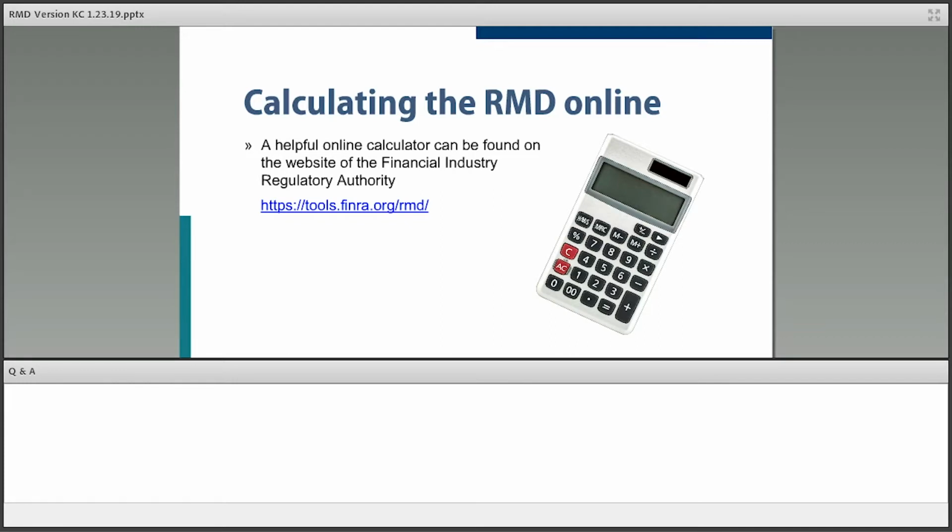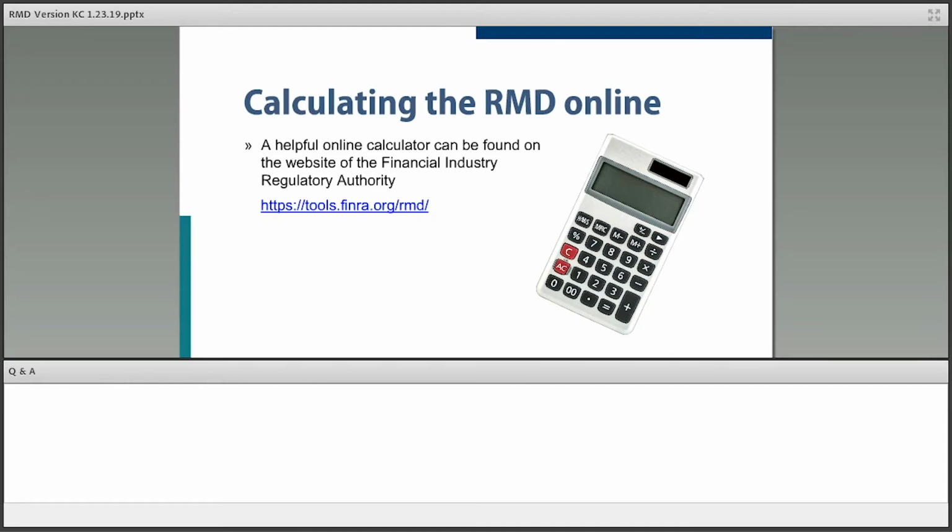One of the sites that a coworker of mine showed me that I've thought has been really helpful is on the Financial Industry Regulatory Authority, or FINRA is their acronym, website. And you'll see that web address listed right there at the bottom.